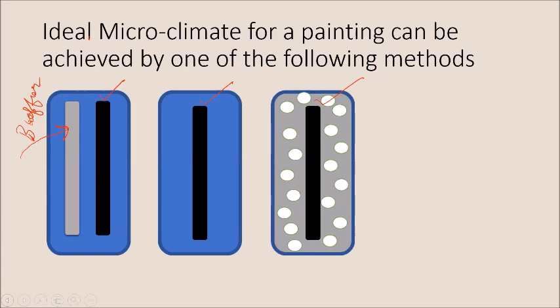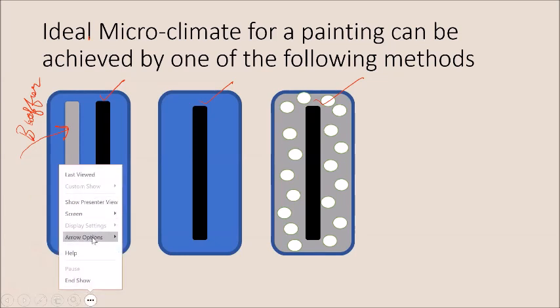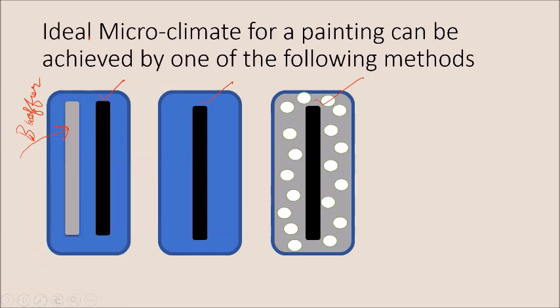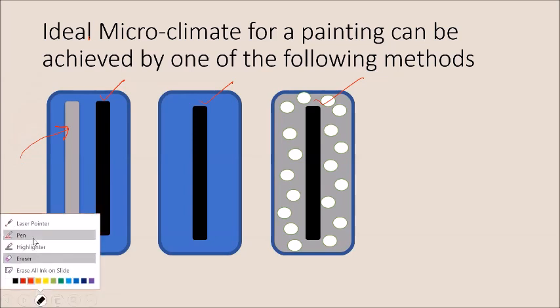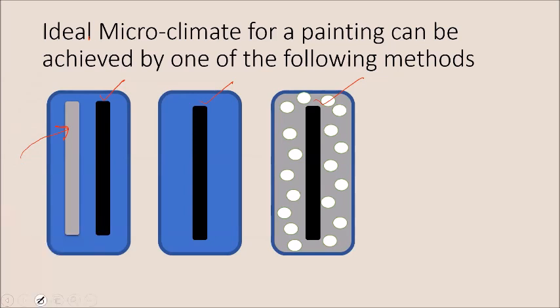I'm so sorry, it's not written properly. So this is the buffer, and so we can have a system to preserve the painting. We can have a microenvironment where we have a painting and a buffer material enclosed in the framing box.